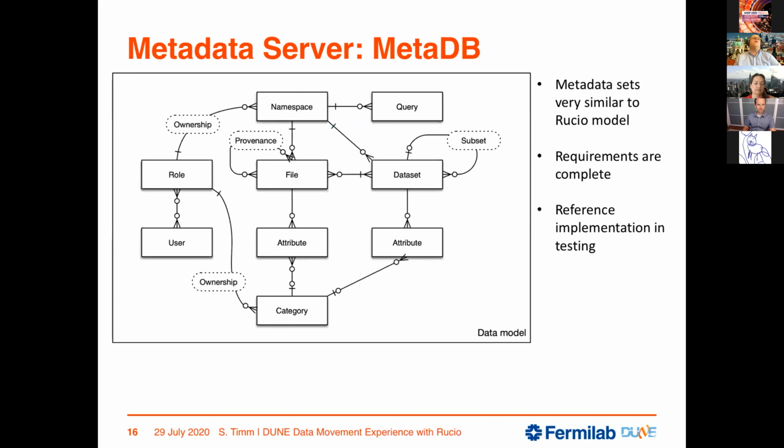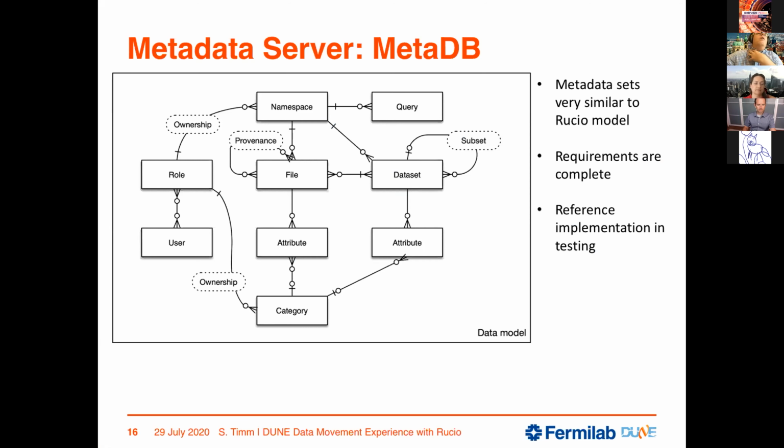This is a schema diagram of the new metadata service. The metadata data sets are very similar to the Rucio model. We have the concept of data sets and files, and then data sets can be parents of data sets and so forth.